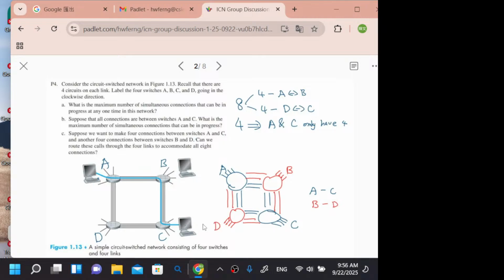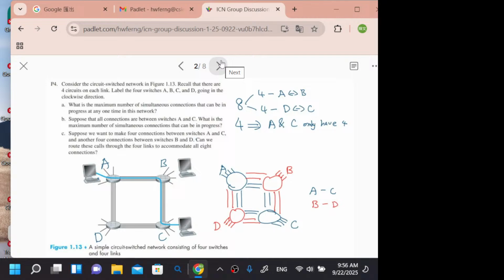Hello. For question A, it's very easy to reach the answer. We can have 4 connections between A and B, and a second 4 connections between D and C. So we reach the maximum of the connections, and the answer is 8.